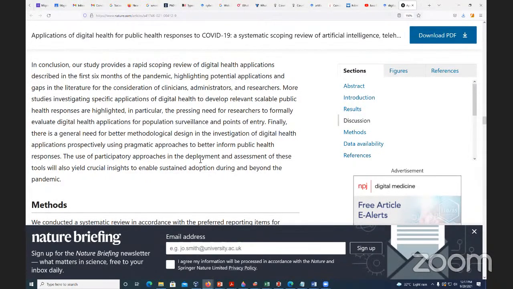I just changed deployment to implementation. In the implementation of digital health tools during COVID, and as such, in the design of our project, we're going to be interacting with adolescents, something like that.